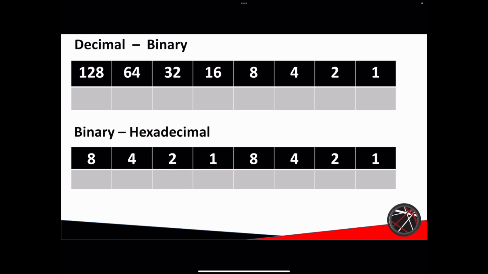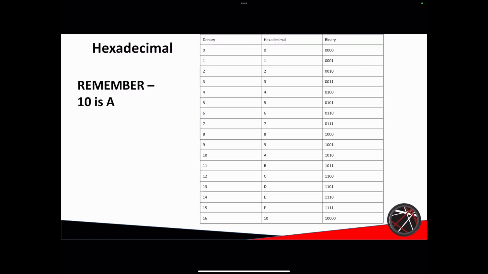Okay, so if we then take our scenario, let's use 35 for sake of argument, we therefore need 32, 2 and 1, like so. So we've turned the denary of 35 into the binary, and then we want to get the hexadecimal. So if you remember, we were just dealing with 4-bit binary before in the hexadecimal table, so in this table here.